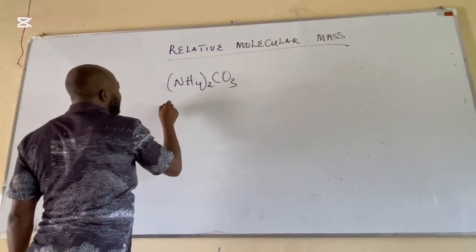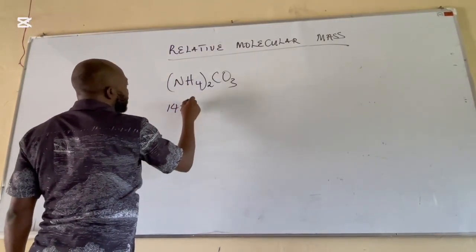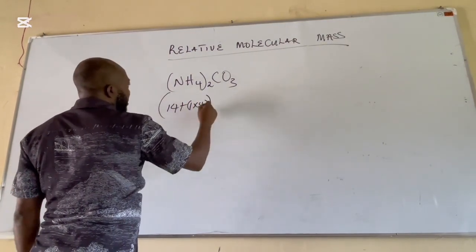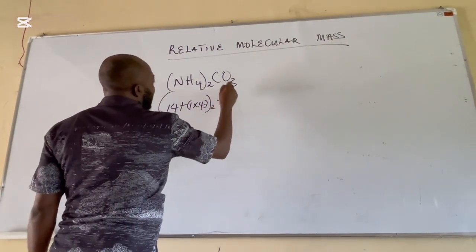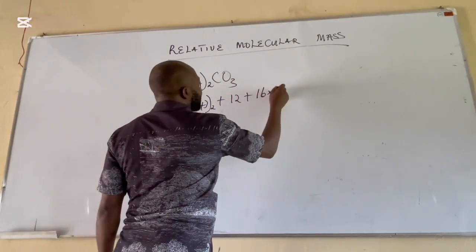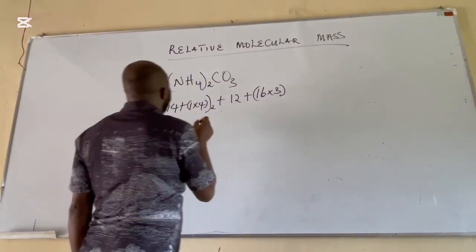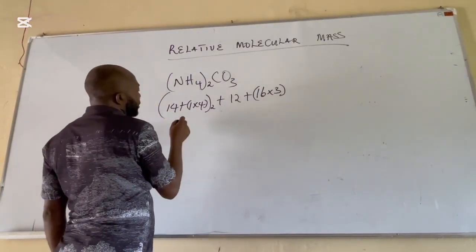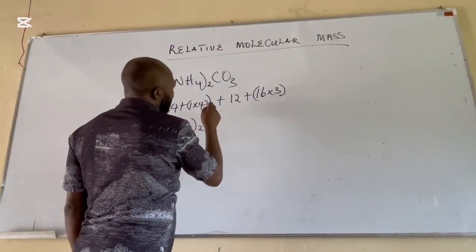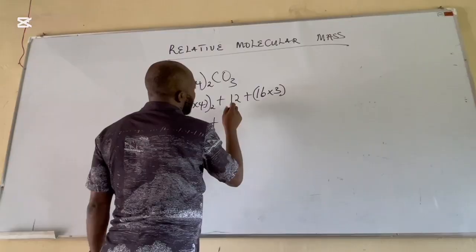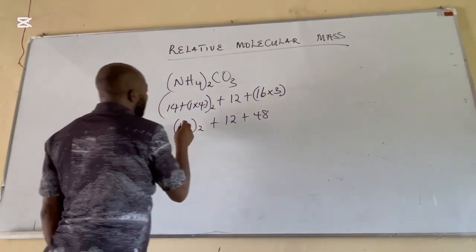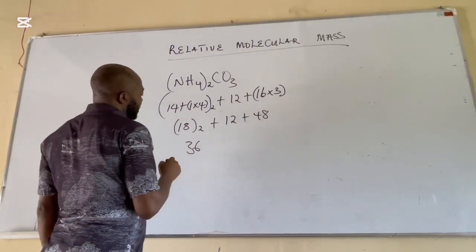Nitrogen here is 14 plus hydrogen is 1 times 4 plus carbon is 12 plus oxygen is 16 times 3. Now 14 plus 4, 18, open bracket 2 plus 12 plus 48. Yes, 36.